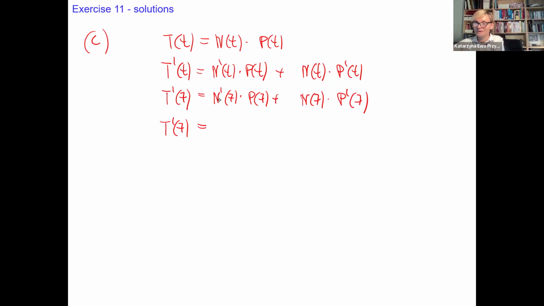Okay, n prime at 7 is 1. We will figure out p prime at 7 is -2. I'm just copying, but let's confirm we're okay with this. P at 7 is 701, and n at 7 we calculated as 221.